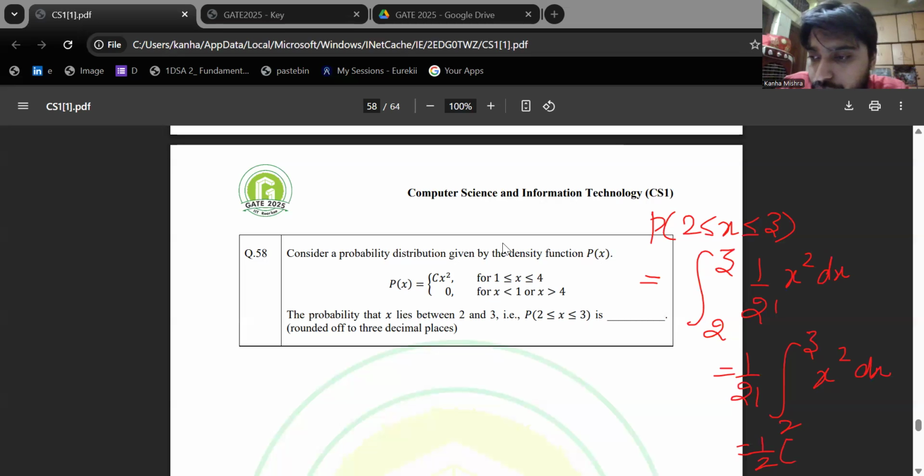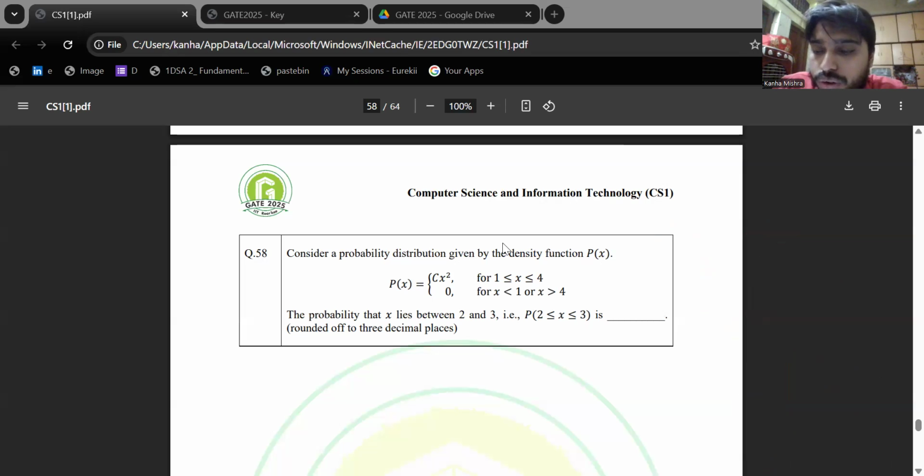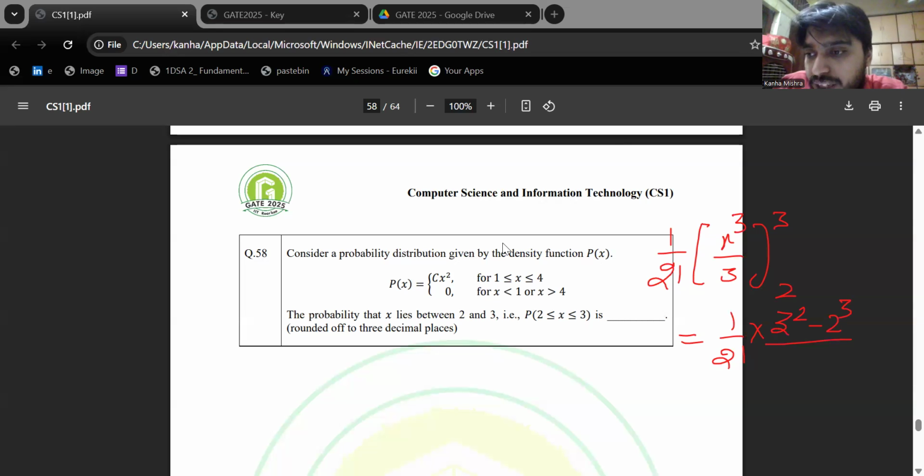So it will look like 1 upon 21 into 3 cube minus 2 cube by 3. 3 cube is 27 and 2 cube is 8, so 27 minus 8 will be 19.